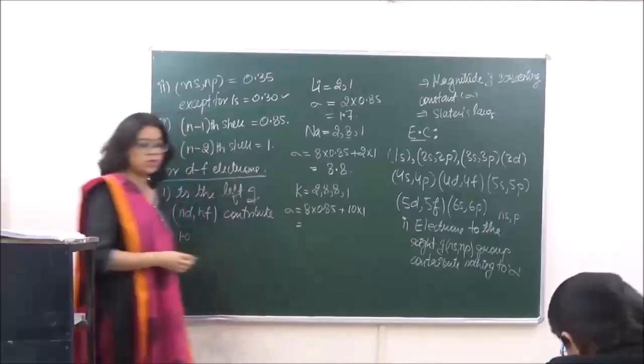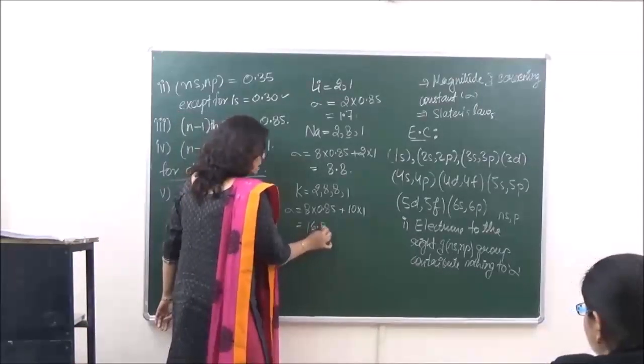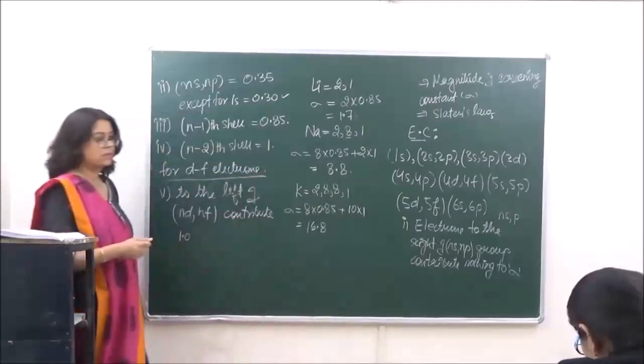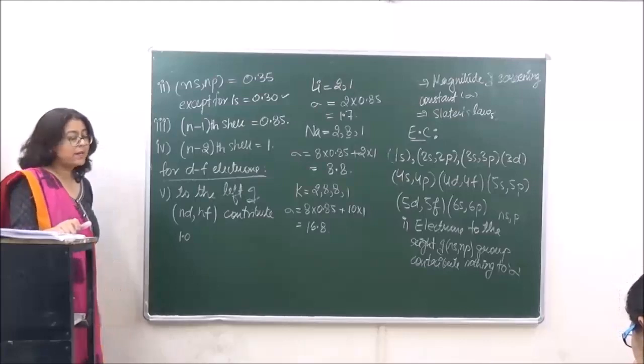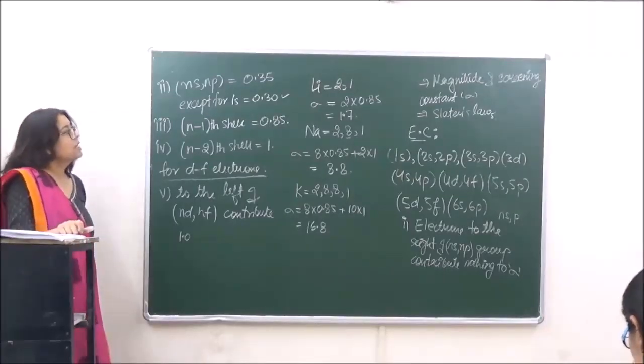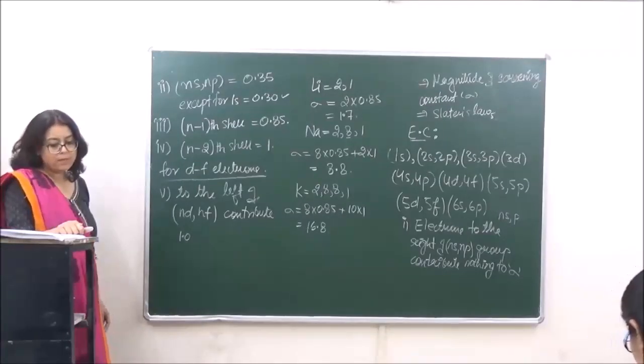The shielding constant here is 16.8. This is how we calculate the shielding constant. Greater the value of the shielding constant, greater is the screening effect. You can remember this.